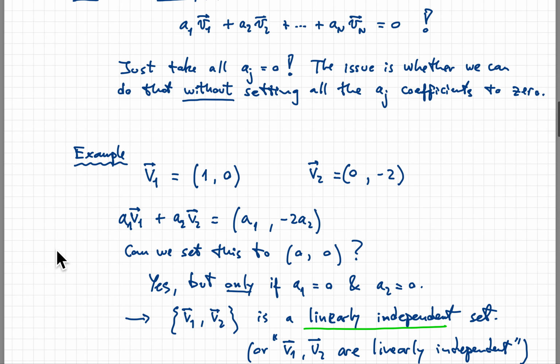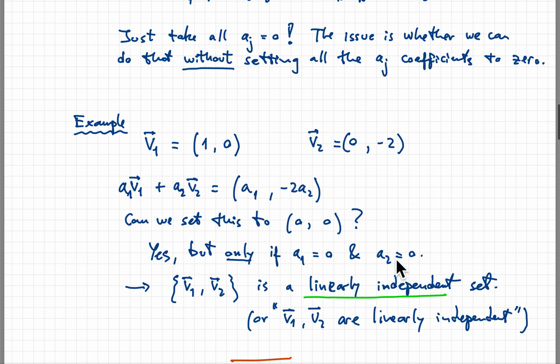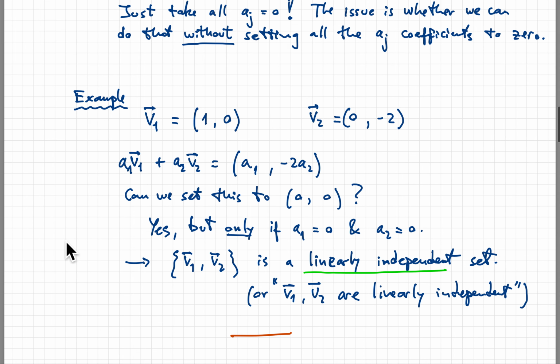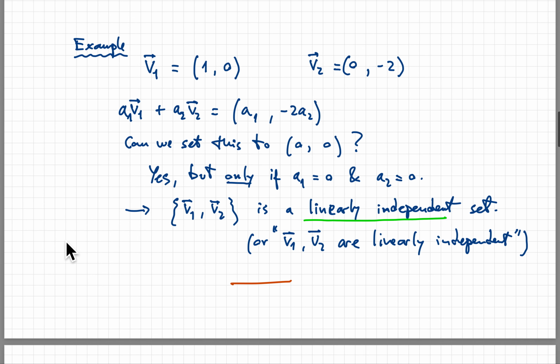Yes, we can, but it turns out that the only way to do that is if a1 and a2 are both 0, because to make this component vanish, we have to set a1 to 0, and to make this component vanish, we have to set a2 to 0. So there's no other way, and so v1, v2 is a linearly independent set, or we simply say that v1 and v2 are linearly independent.